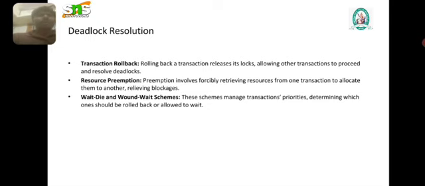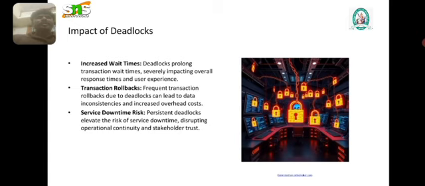Transaction rollback allows the other transactions to proceed, resolving the deadlock. Preemption retrieves resources from one transaction to allocate to another, relieving the blockage. The wait-die and wound-wait schemes manage transaction priorities, determining which should be rolled back or allowed to wait.